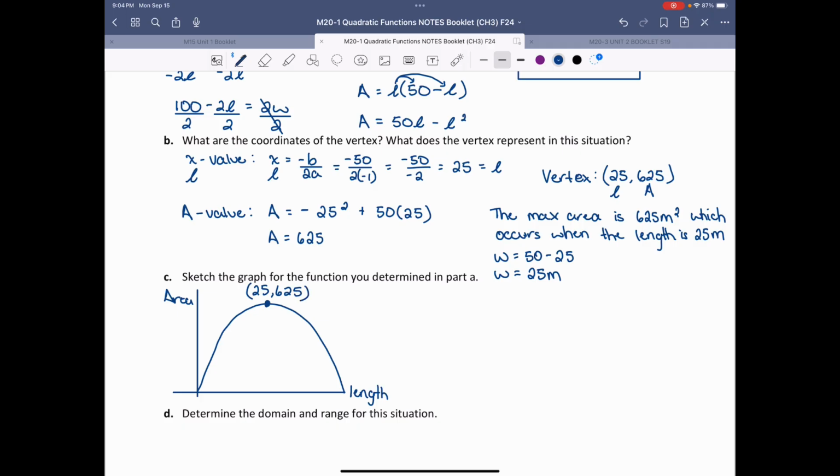Let's confirm that with the calculator to make sure we did it right. So F5 and F2 for max. And yes, 25, 625. Let's find the x-intercepts. The first one should be at 0, 0 because when the length is 0, the area is going to be 0. But let's confirm. F5, root: 0, 0.